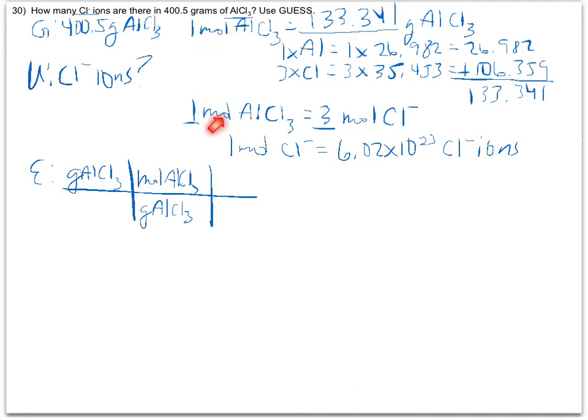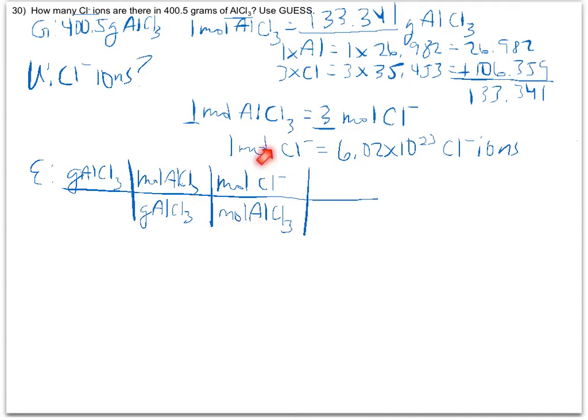Then we use the second conversion statement to get out of moles of aluminum chloride into moles of chlorine ions. Always, whatever we're trying to get out of goes on bottom so that the units cancel.